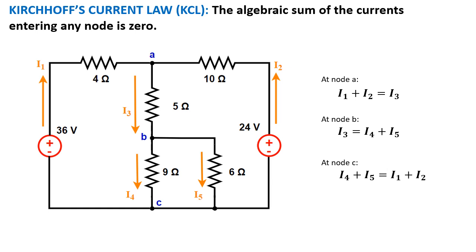Notice that current I1 is leaving here, and current I2 is also leaving at this node. So I4 plus I5 is equal to I1 plus I2. For newbies to electrical engineering, it is not easy to recognize that I4 plus I5 is equal to I1 plus I2.